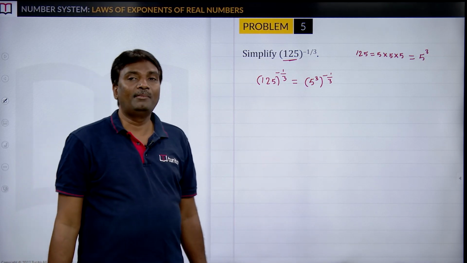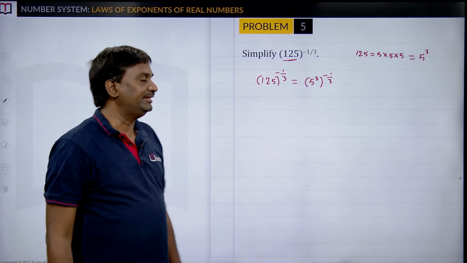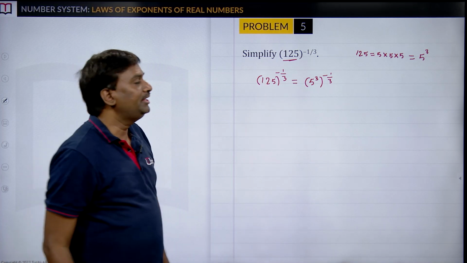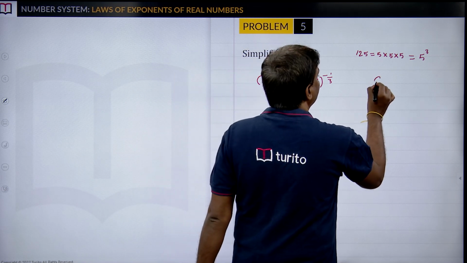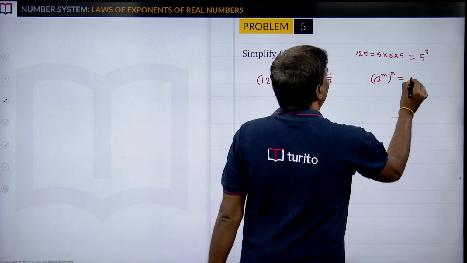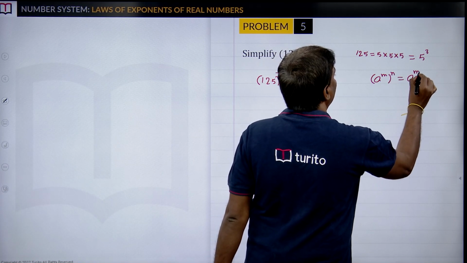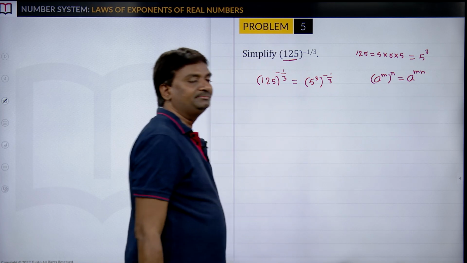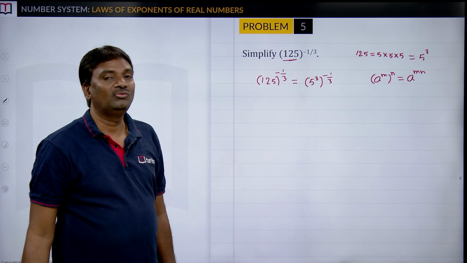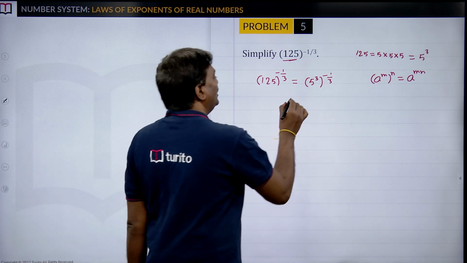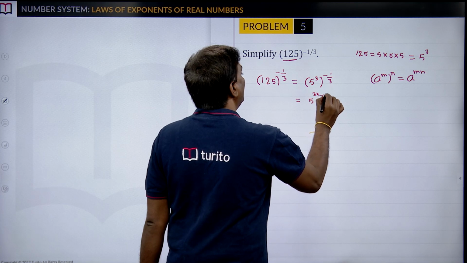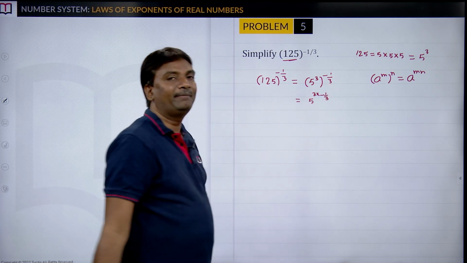Again, that is in the form of a power m whole power n, where a equal to 5, m equal to 3, n equal to minus 1 by 3. A power m whole power n equal to a power mn, where a is 5, m is 3, n is minus 1 by 3.